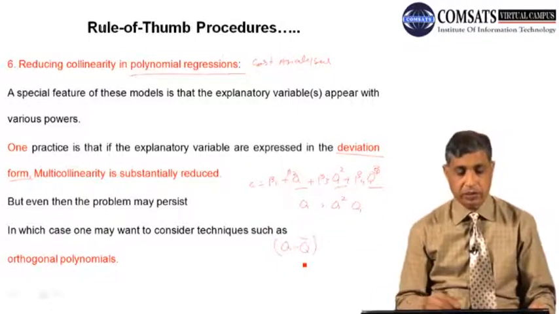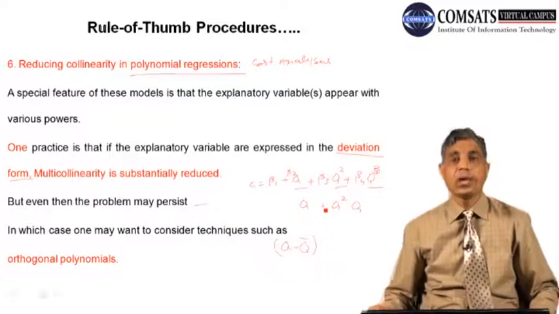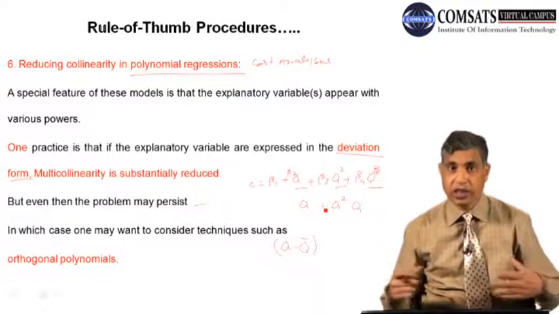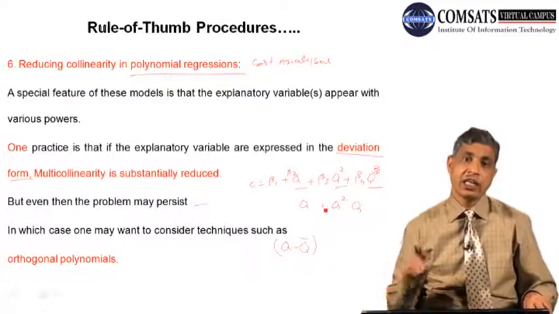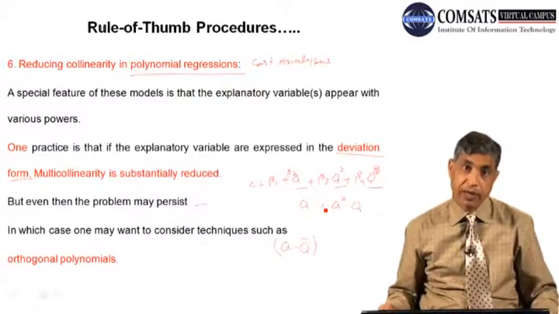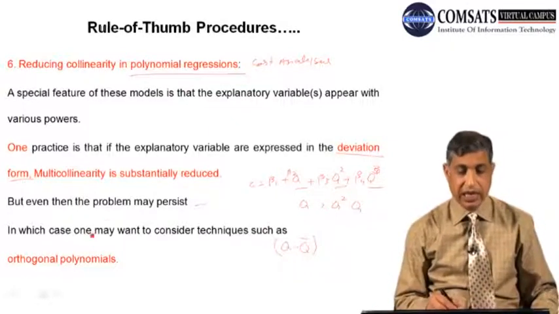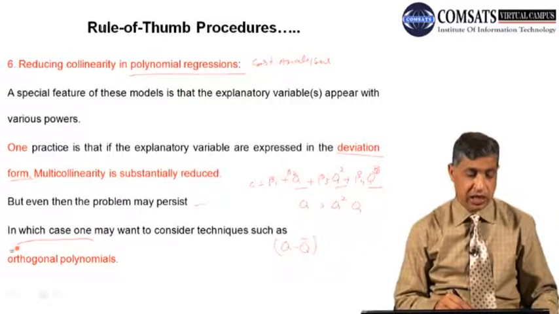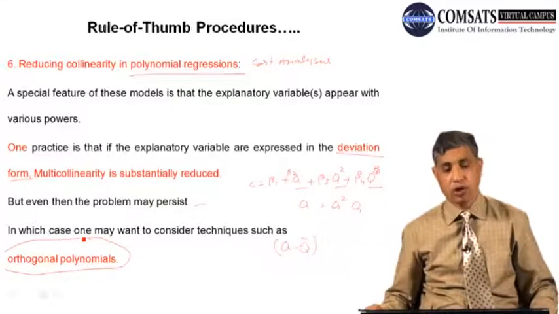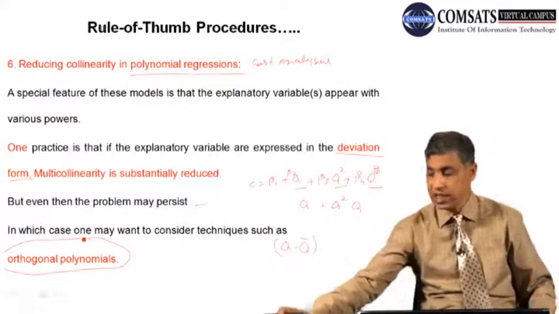But if the problem persists, even after you expressed your variables in deviation from the mean rather than in absolute terms in the model, you can go for another method that is beyond our discussion, but you should remember its name: the orthogonal polynomials technique. So if this is the situation, you can go for this.